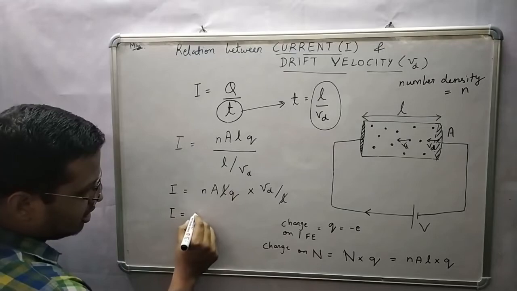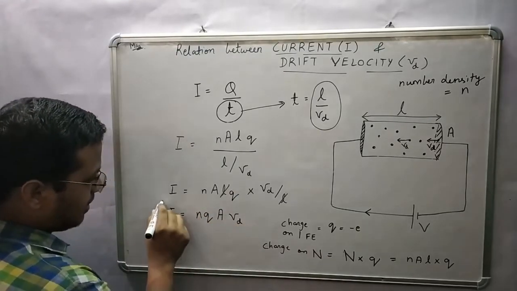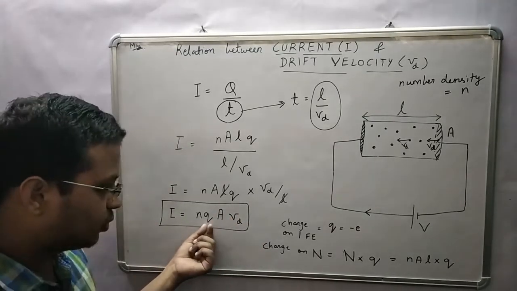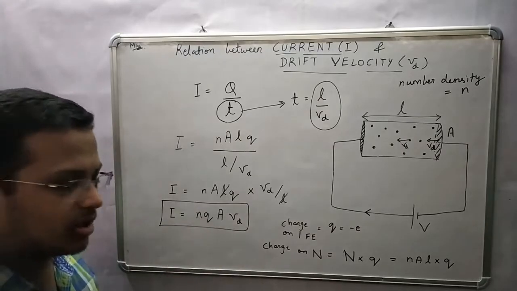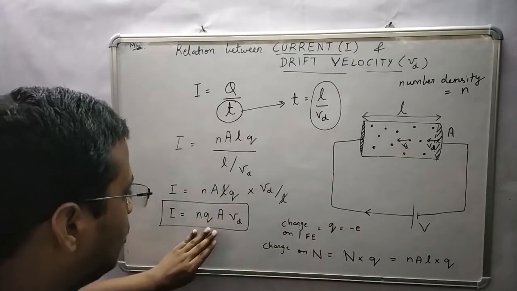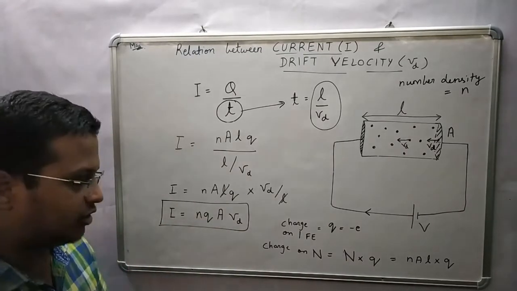So this is I = nqAVd. In most books, instead of q, you will find small e, because they have taken the charge of the free electron to be e. I prefer it to be q only. This is the relation between current and drift velocity.